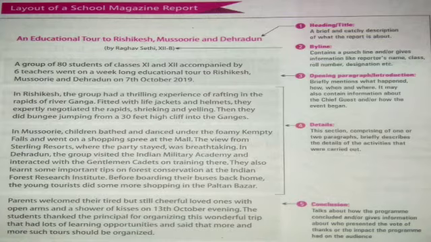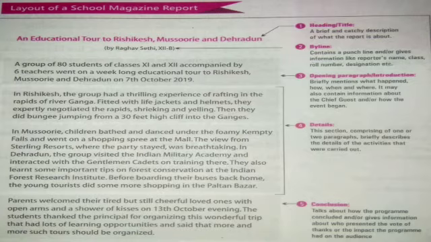And after that, the first opening paragraph will be there. In this opening paragraph, briefly mention what happened, how, when, and where, and it may also contain information about the chief guest and or how the event begins. Now as we can see, it is about the tour, so no chief guest will be there.